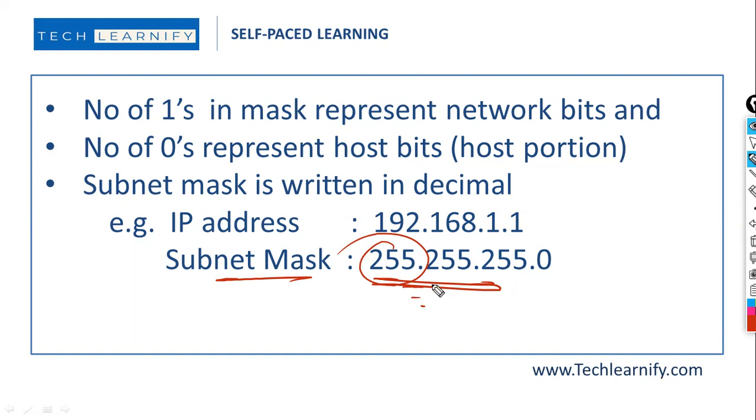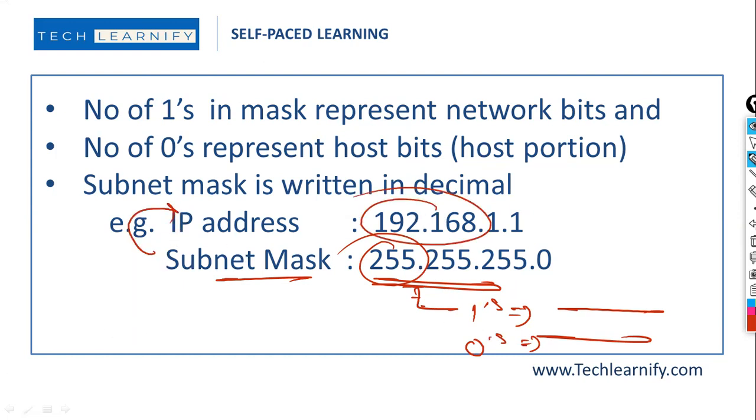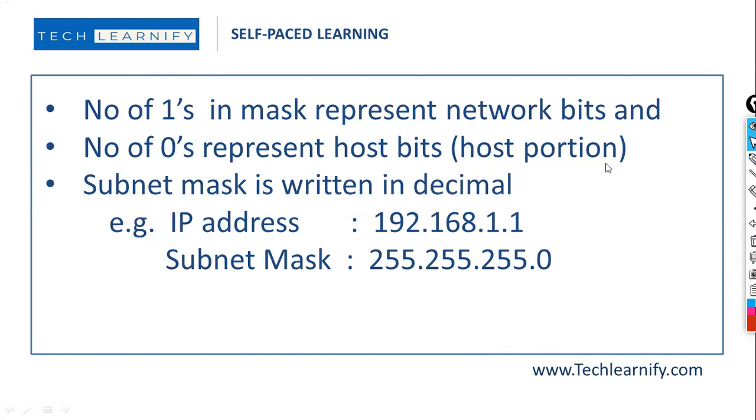And if we convert decimal into binary, number of ones means network portion, number of zeros means host portion or host bits. And then we again go to the IP address, we try to match the IP address, matching or not.